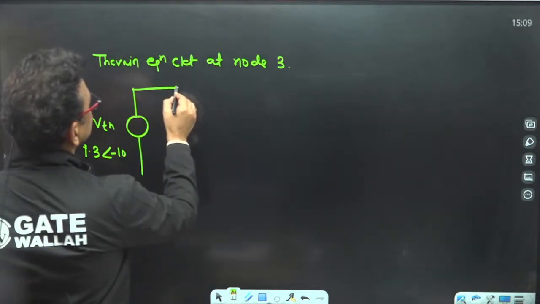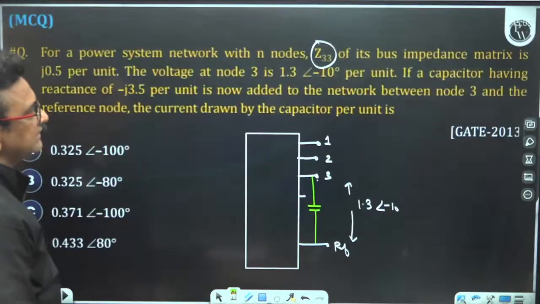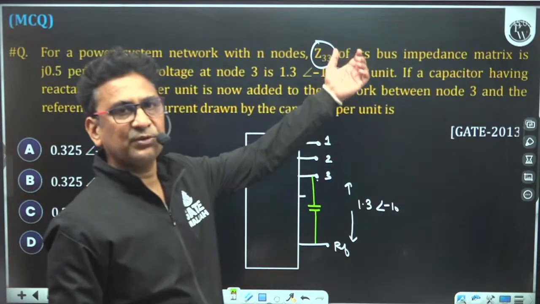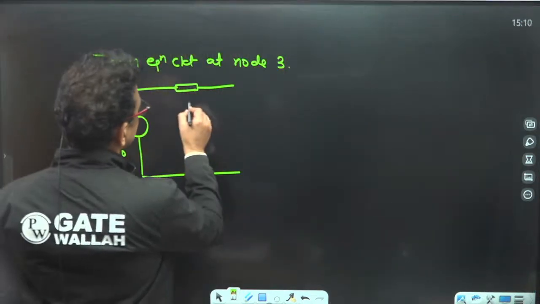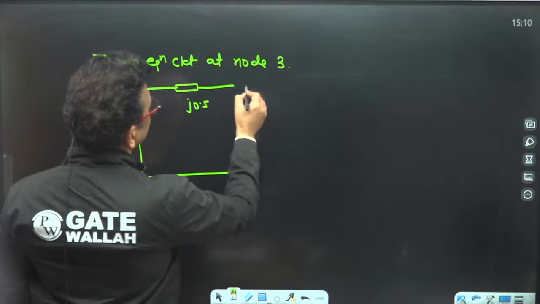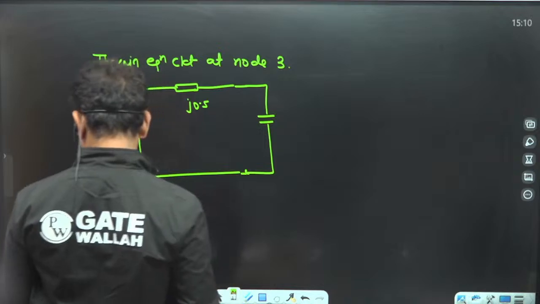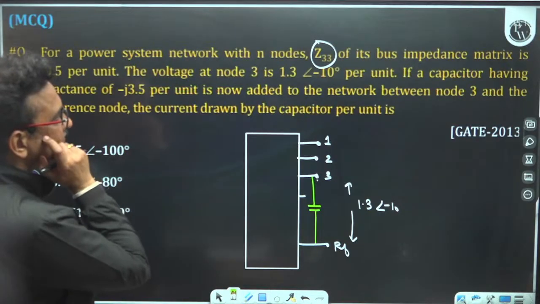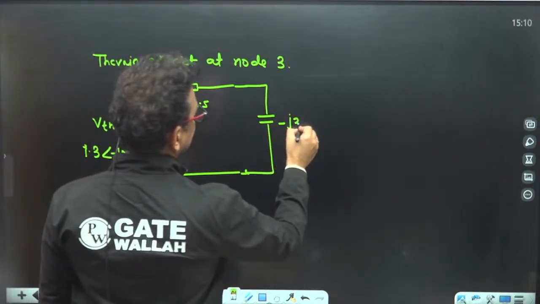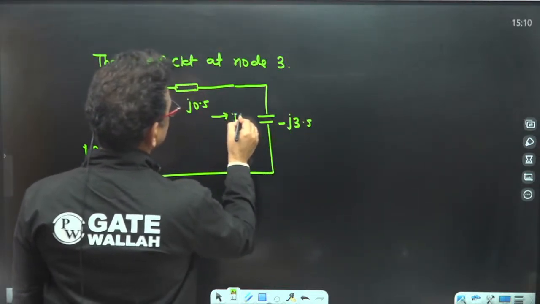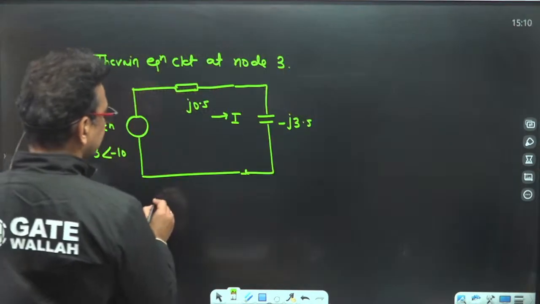Thevenin equivalent impedance: Z33 is nothing but the Thevenin equivalent impedance at node number 3. So it is given J0.5. If the capacitor is now connected at node number 3, its value is minus J3.5. So find out the value of current, the current drawn by the capacitor.